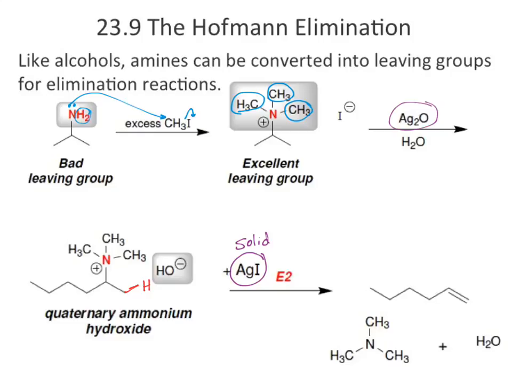It likely has to do with this big, bulky group preventing access to our, go ahead and call it a blue hydrogen. The free rotation about our single bond is going to prevent those blue hydrogens from getting removed. We're going to get that steric hindrance, and we're really going to do the elimination that forms on the outside.